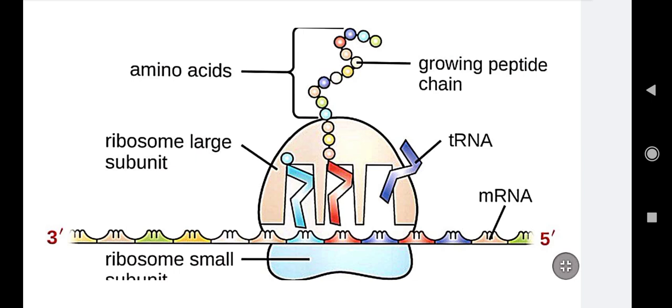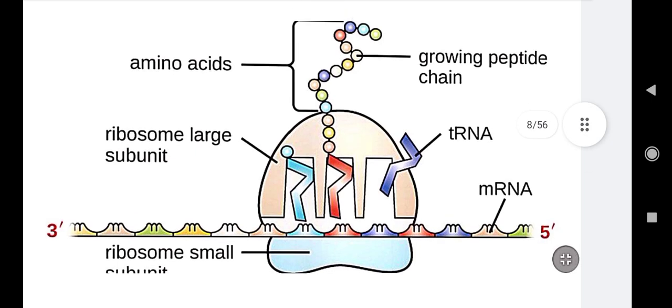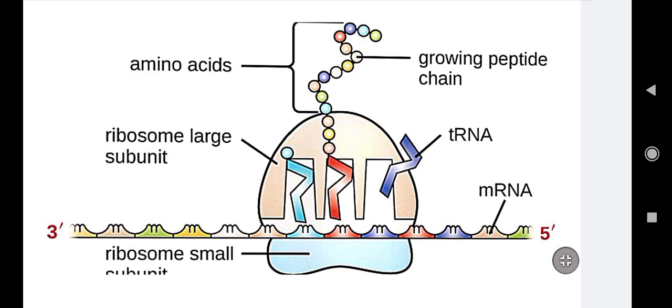You can see here that the amino acids are being brought with the help of the tRNA and mRNA. tRNA is another type of RNA that carries a particular amino acid on its terminal end, and this tRNA has sequences which are complementary with the sequences found in the mRNA, known as codon and anticodon. You will see later on what codons are.